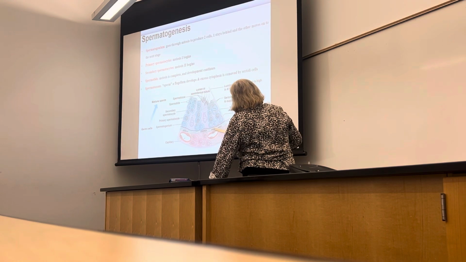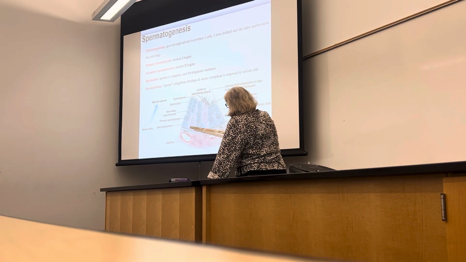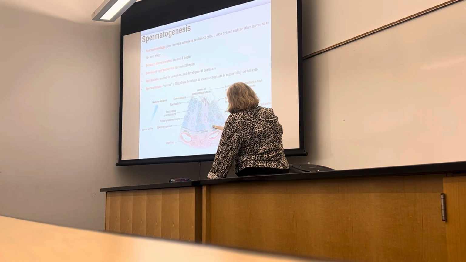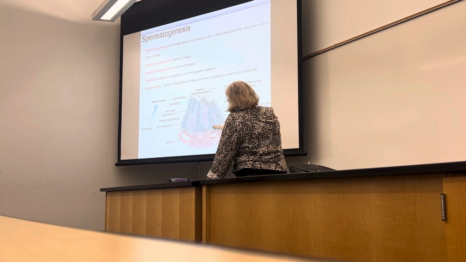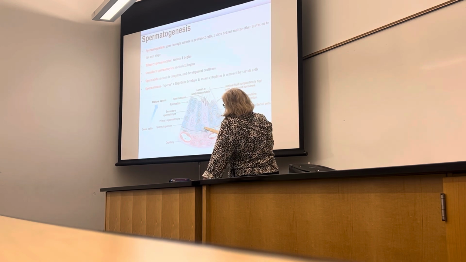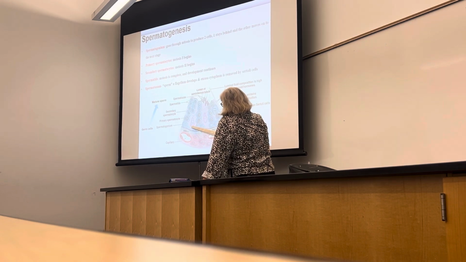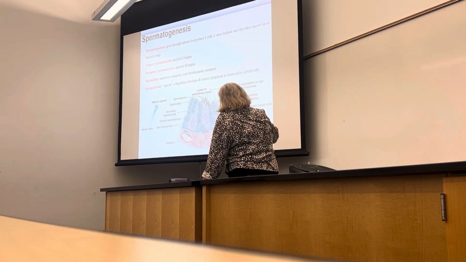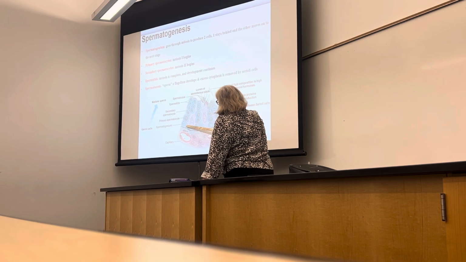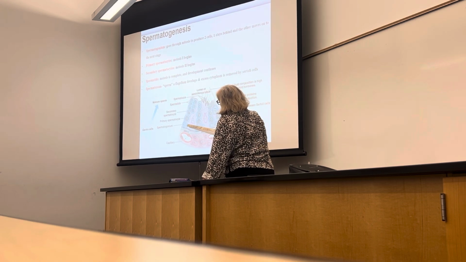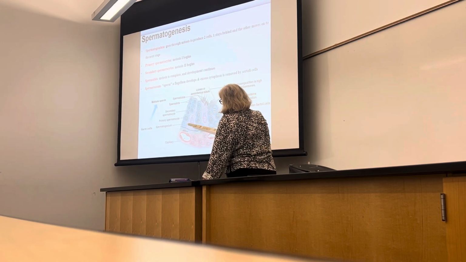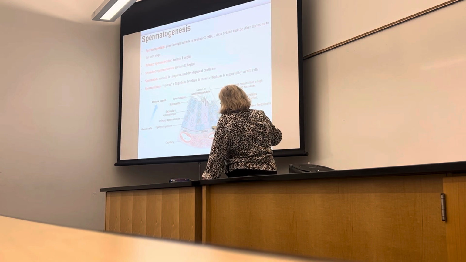Okay, so a little bit of a closer look. First, we have the very early cells they call spermatogonium, right? They derive via mitosis. The reason they divide by mitosis is just to keep the spermatogonium in good quantities.